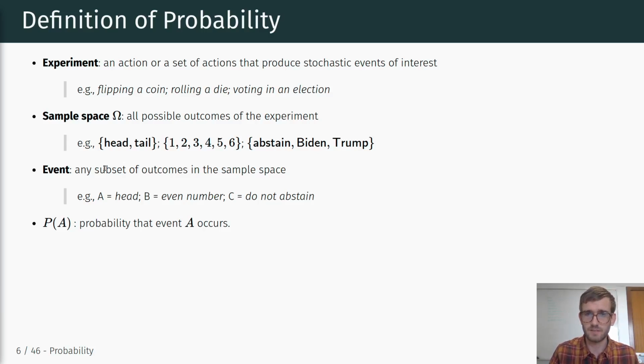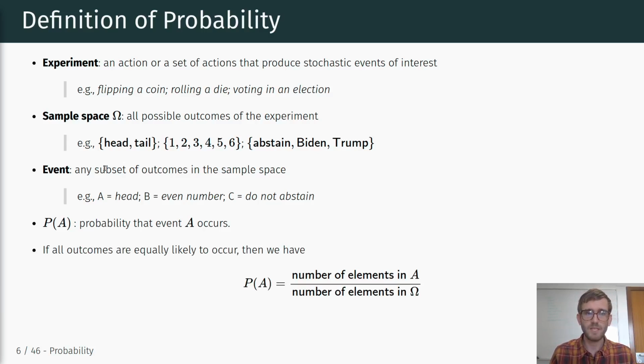So A is the placeholder for a specific event, and P of A is the probability that that event would occur. In general, one basic rule in probability theory is that if all outcomes are equally likely to occur, we can count the number of elements in A and divide that by the number of elements in omega, the sample space, to describe the probability of A occurring, right?